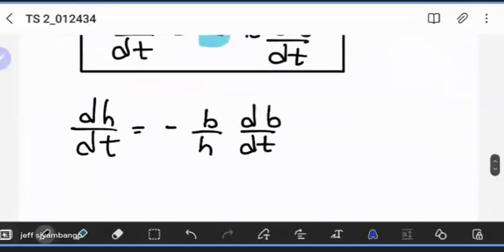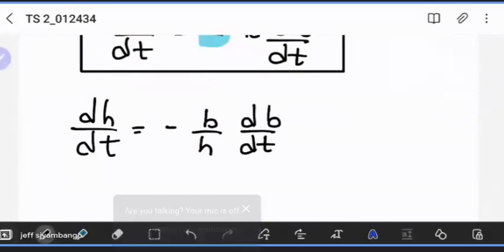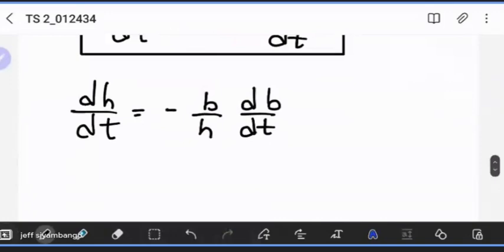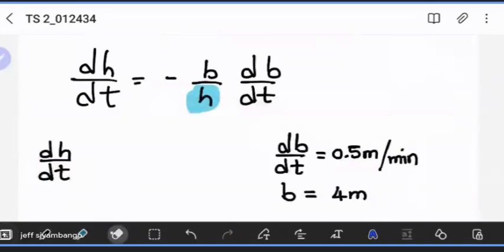This is when we actually plug in that 4 meters, the base, because we now want to zero it down to a specific point. But we still have to also know what this H is, because I think from when I was writing those, everything else is clear. dB/dt is this. B is 4. But how about H?